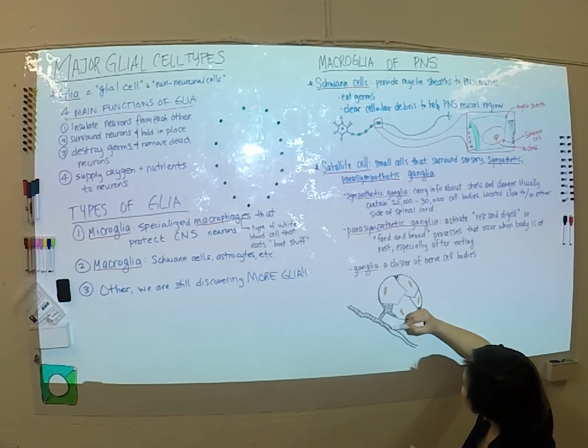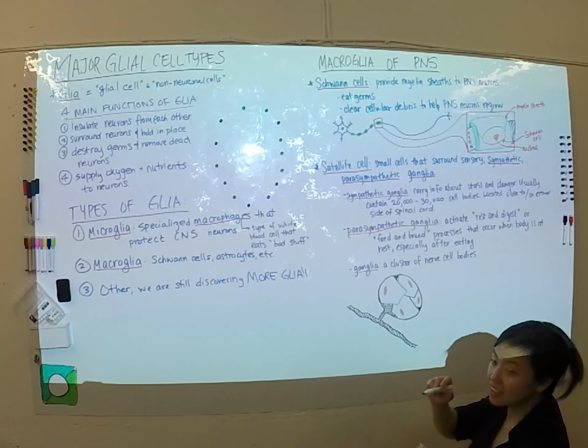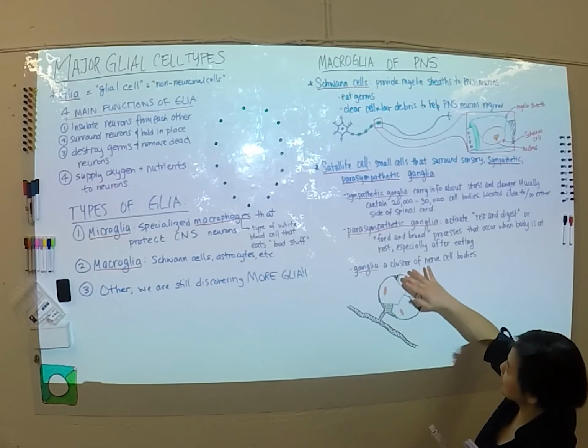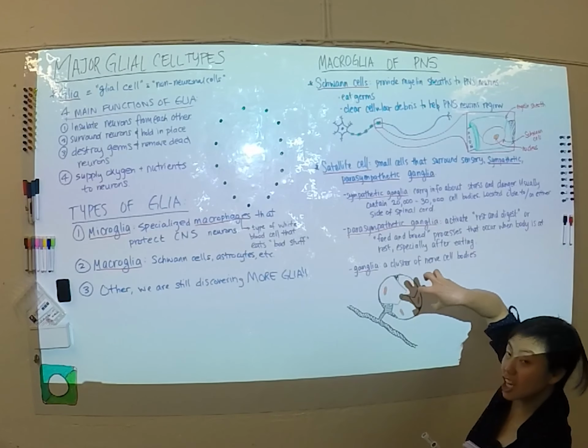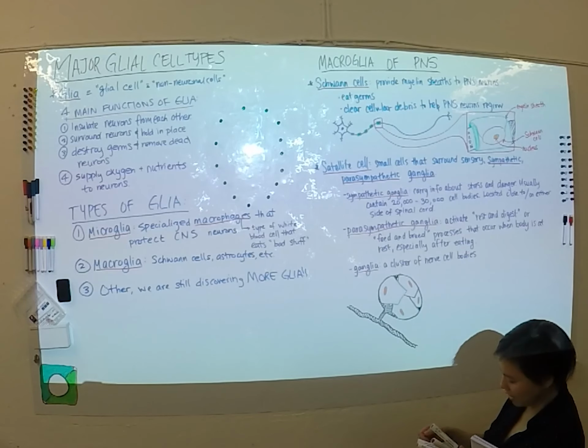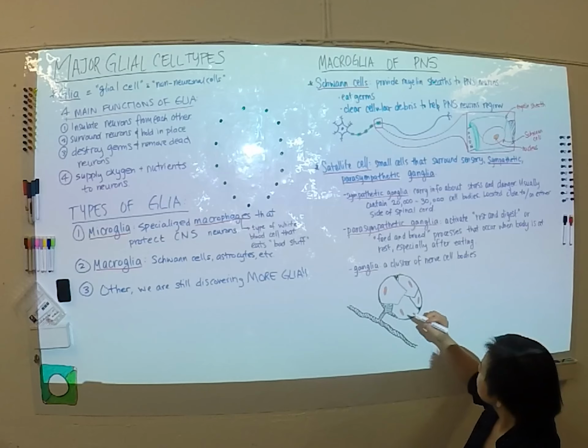All right. So everything in black is the neuron, and the green that's sitting on top of it, that's the satellite cell. Okay? All right, so let's label this guy.